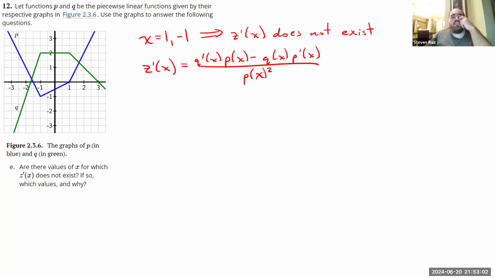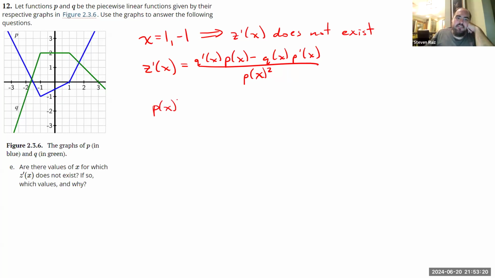So not only do I have to be wary of where p and q are not differentiable, but the fact that I have the denominator here, which can be 0, I got to avoid those times where this denominator can be 0.